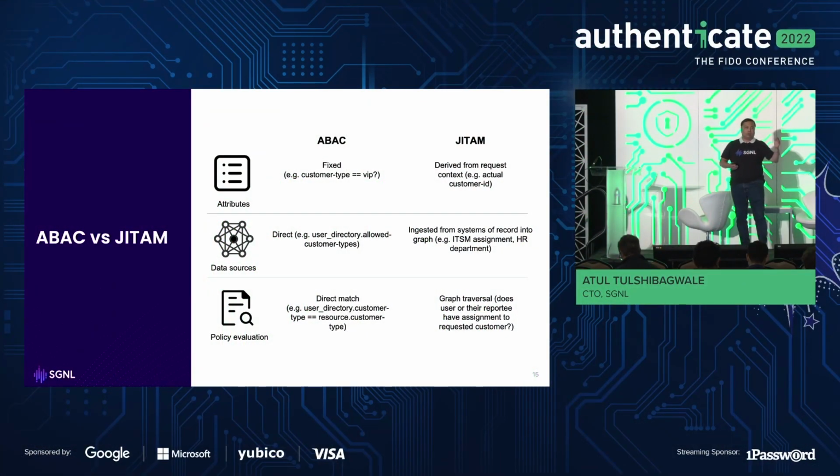For example, if you're talking about your asset being the customer, the system of record could be your CRM. If you're talking about customer service cases, your system of record could be your ITSM system, right?